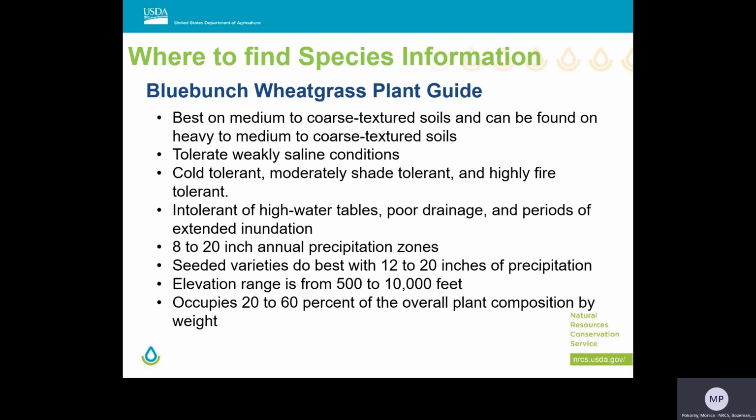Also, for a lot of our species, it's really important to know if they can withstand seasonal flooding and inundation, so there'll be information on that. And then the precip range where you'll find the species naturally. And then if you're using a seeded variety, the precip range where that plant will really thrive.